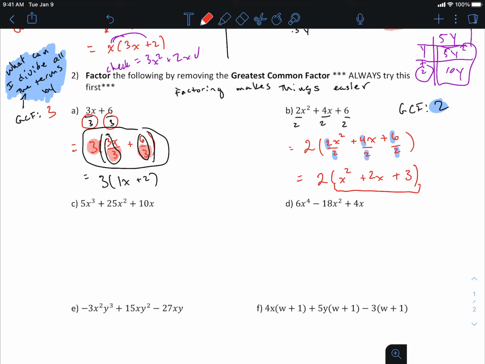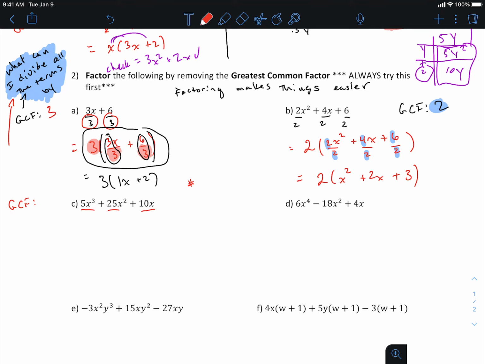Okay, let's jump down to the next one. Same thing. Try and figure out what my GCF is. GCF is find out what you can divide all of them by. Okay? So let's look at these. Divide, divide, divide. Let's deal with the number first. All the numbers are what we call coefficients. I suppose we need to call them that too.